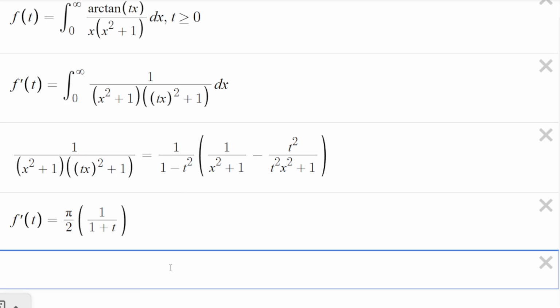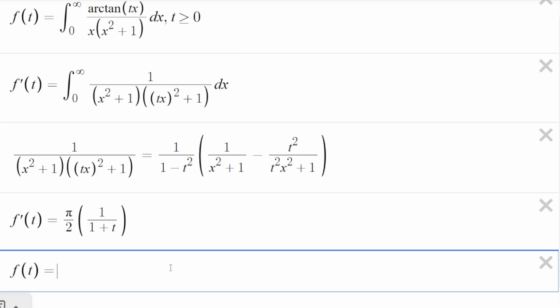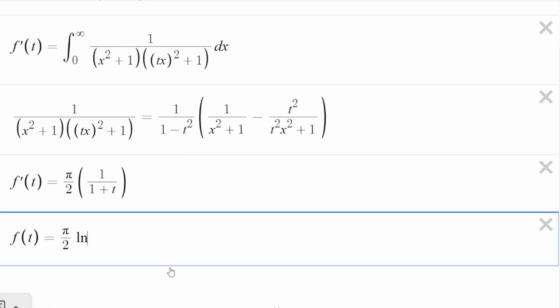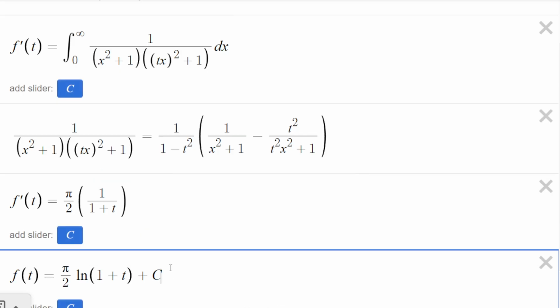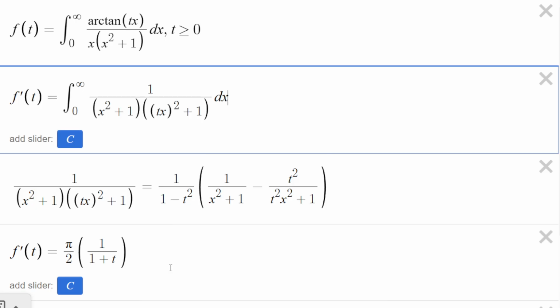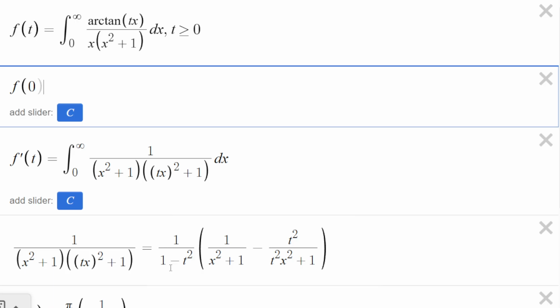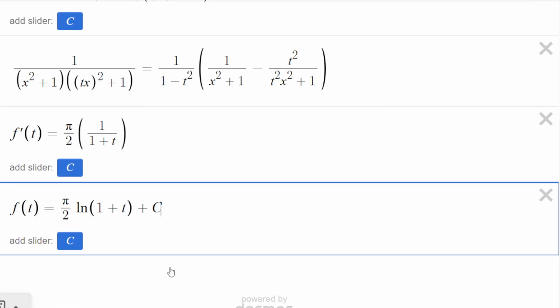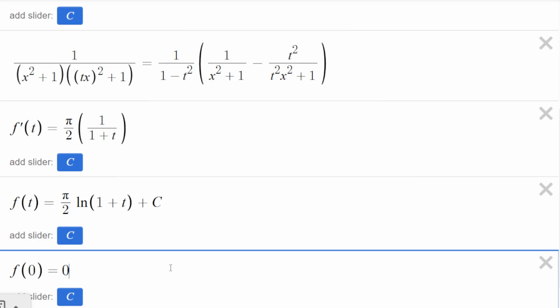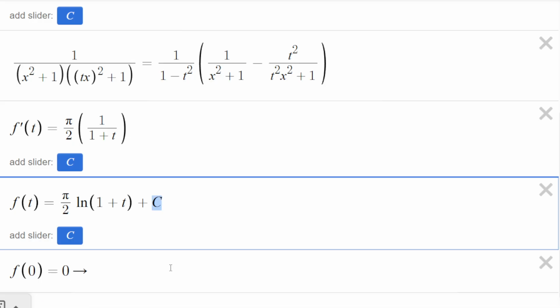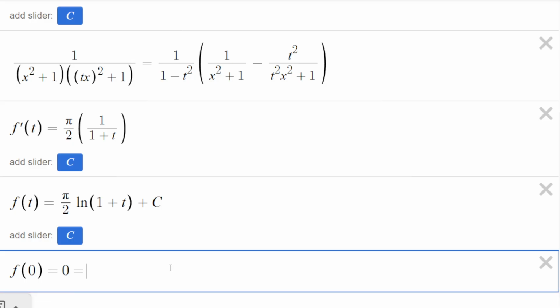So now this makes it much easier. F of t is just going to be pi over 2 times the natural log of 1 plus t plus c. All right. Well, we didn't note anything before, so let's note it now. F at 0 is going to be equal to 0 because our tangent of 0 is 0. I should have stated that earlier. But f of 0 is equal to 0, which is also equal to this evaluated at 0.